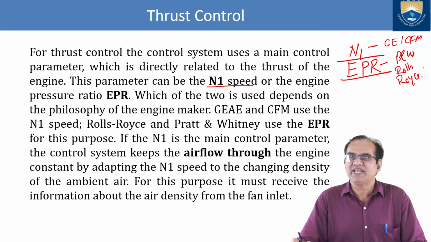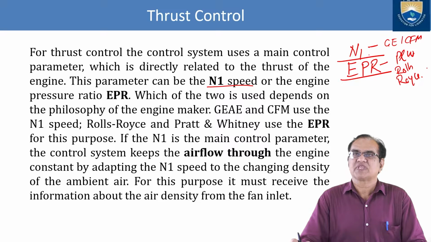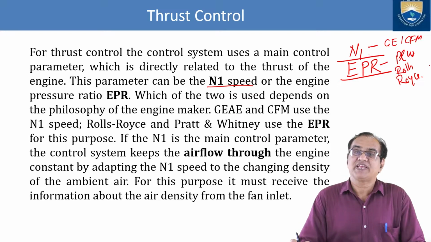If N1 is the main control parameter, the control system keeps the airflow through the engine constant by adapting the N1 speed to the changing density of the ambient air.